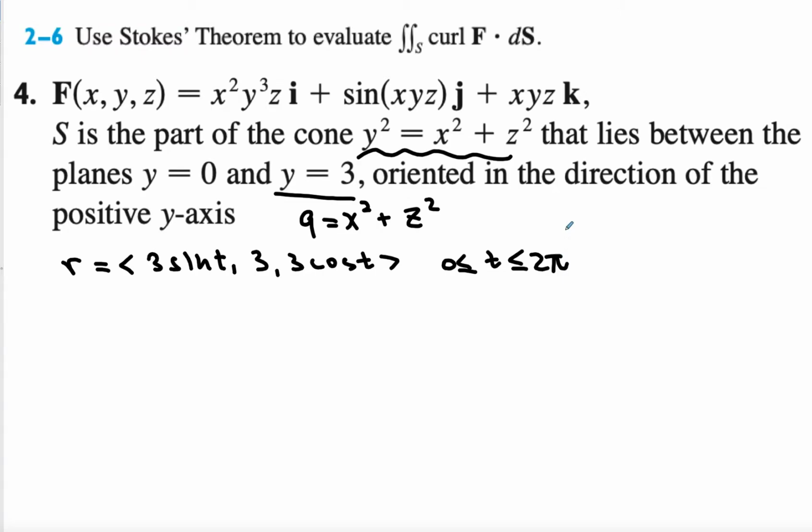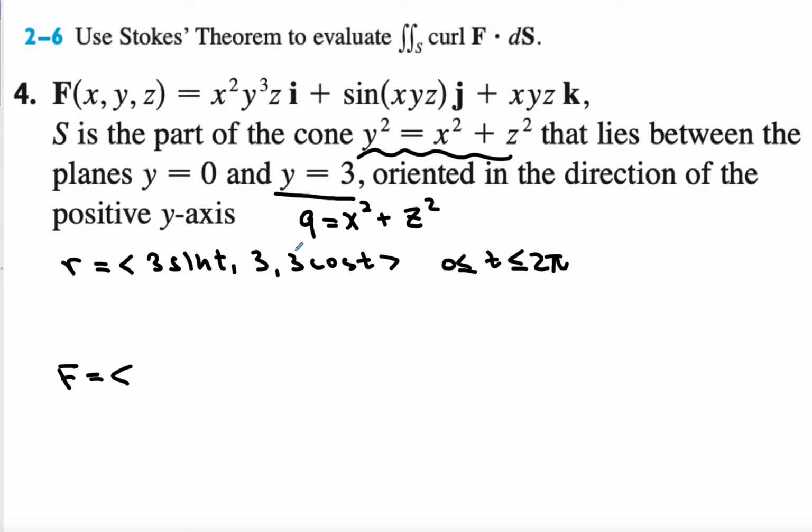All right, now let's look at this one. Then we need to rewrite F based upon these three things, and I'm going to leave some space for r prime. F is then equal to, what is the x component? It was x squared, so this has to be squared and this has to be cubed, and then multiplied by this one.